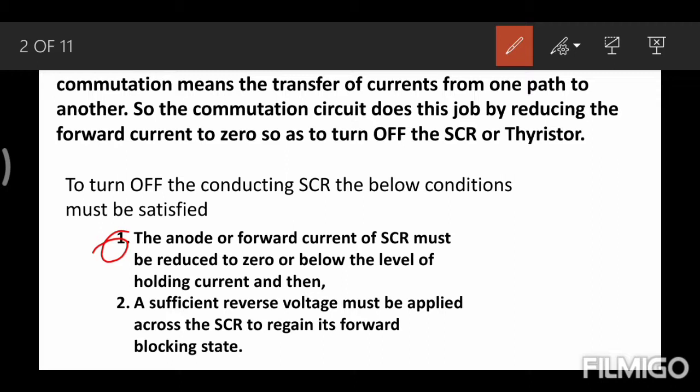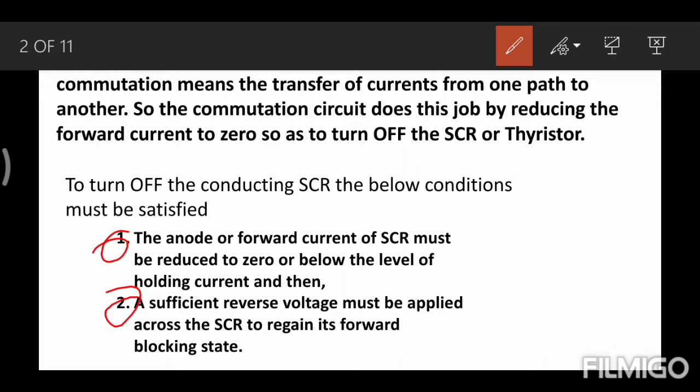And the second point is, a sufficient reverse voltage must be applied across the SCR to regain its forward blocking state. So the second point is, we must apply the forward blocking mode.